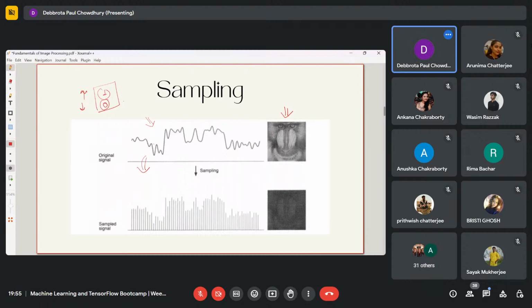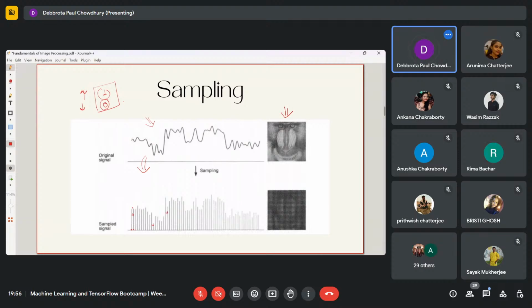In continuous signals, we have the value for each and every point, but in sampling, if these are the samples, we have the value for this point, this point, and this point, but we don't have the values in between these, right?